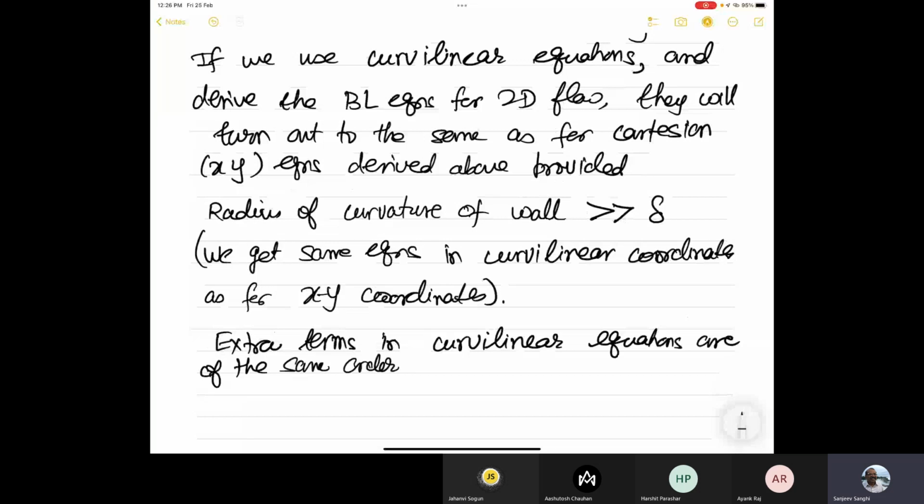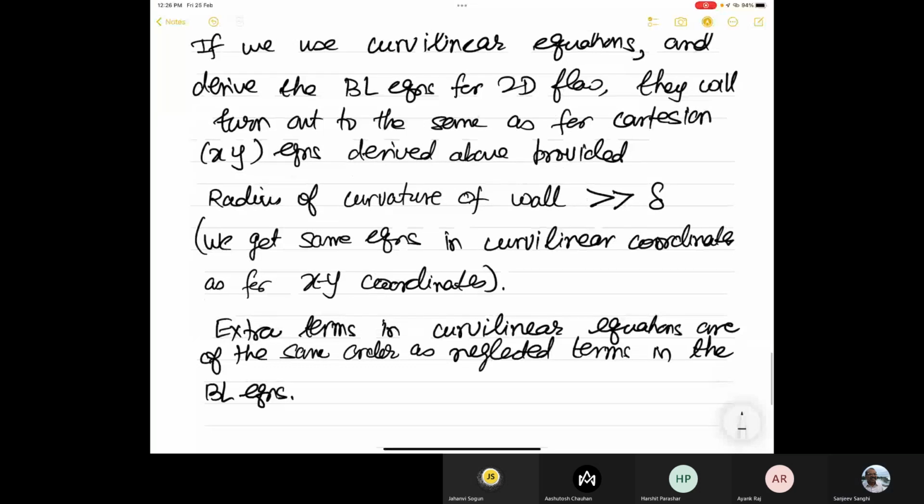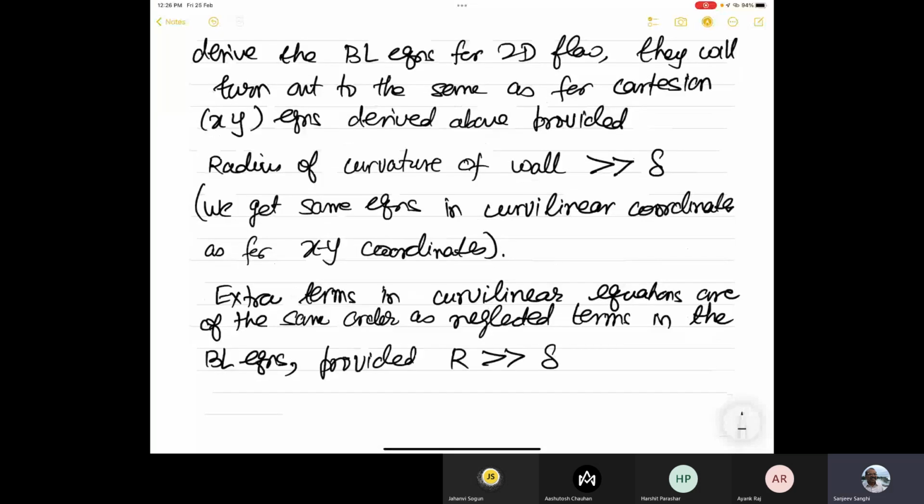of the same order as the neglected terms in the boundary layer equations, provided the radius of curvature is much bigger than the boundary layer thickness.